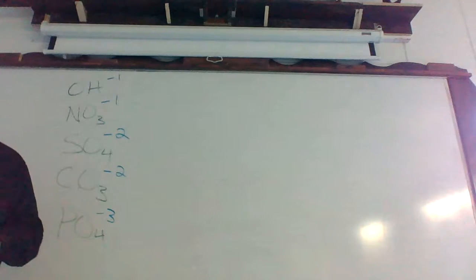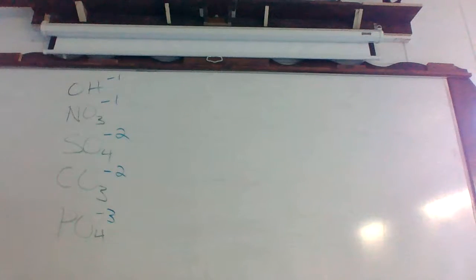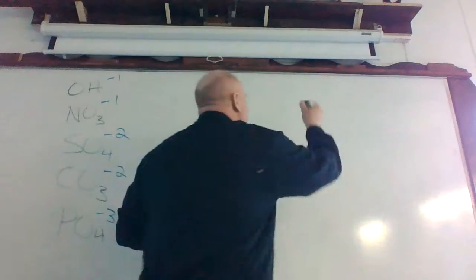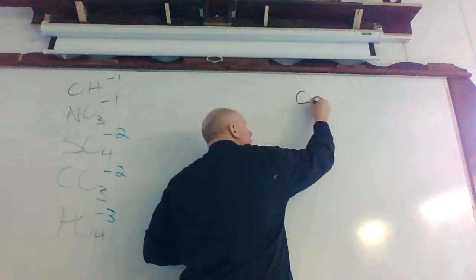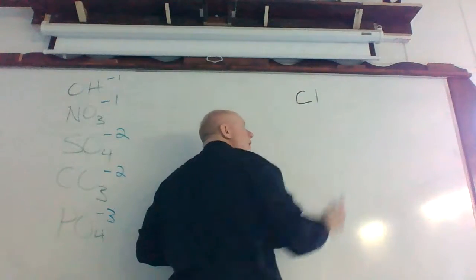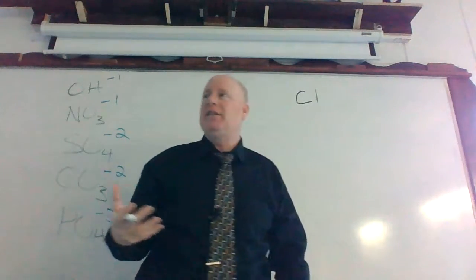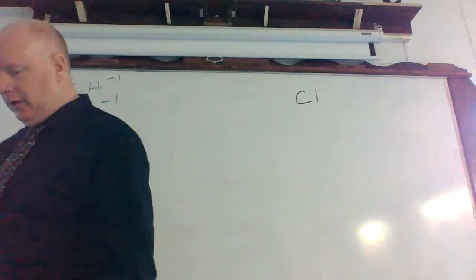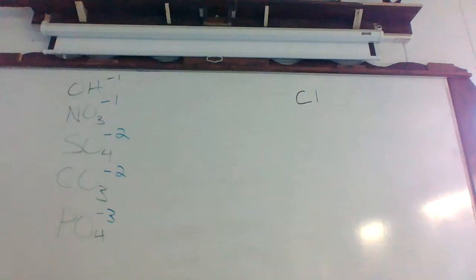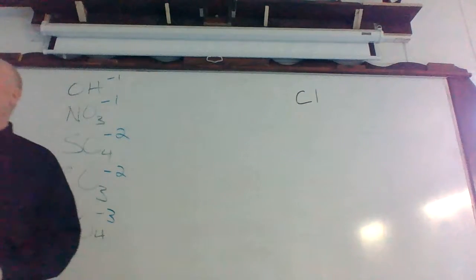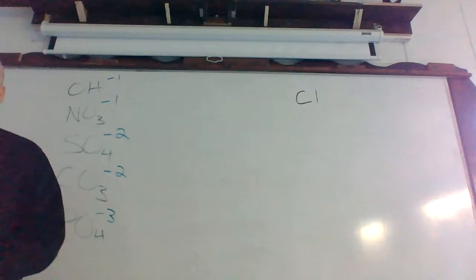NH4? No? Okay. So one of the things that we see is that these are called polyatomic ions, unlike this chlorine. Okay? This chlorine is a monoatomic ion. And we know, since it's a halogen, it's in column 7, we said we can safely say that it has a charge of negative what?